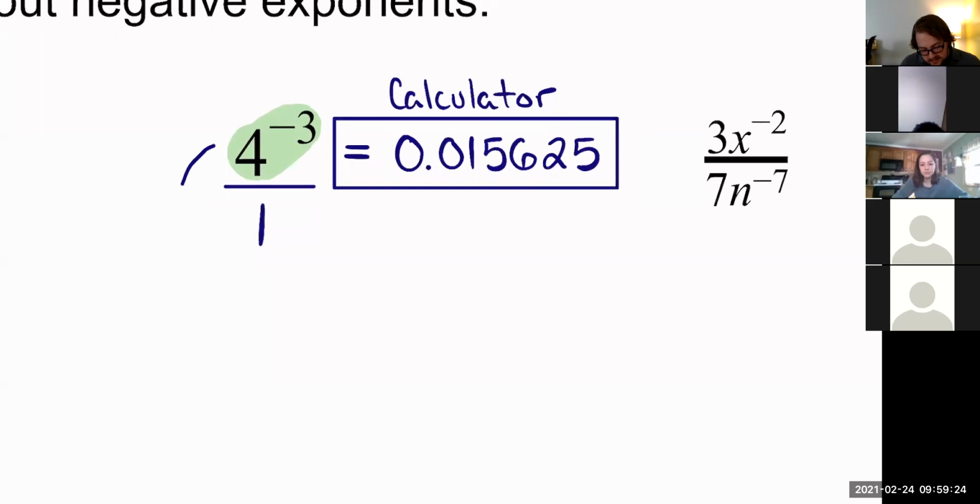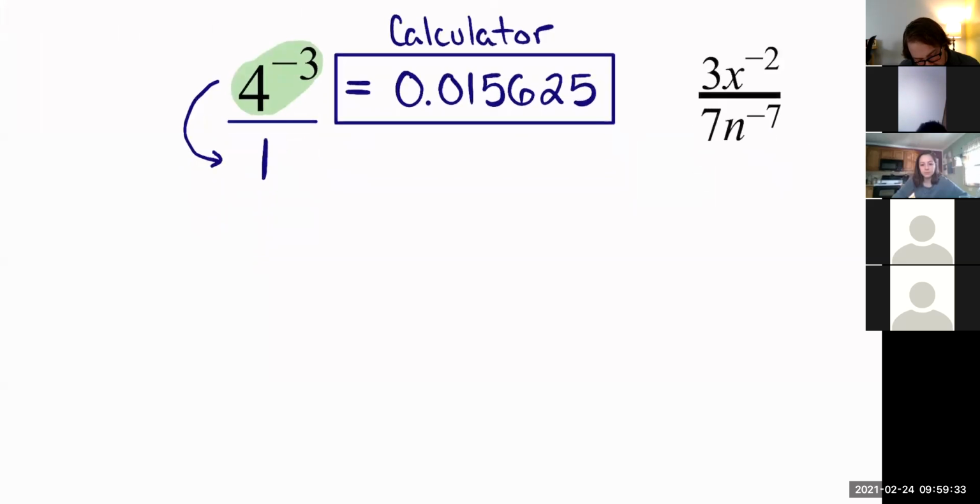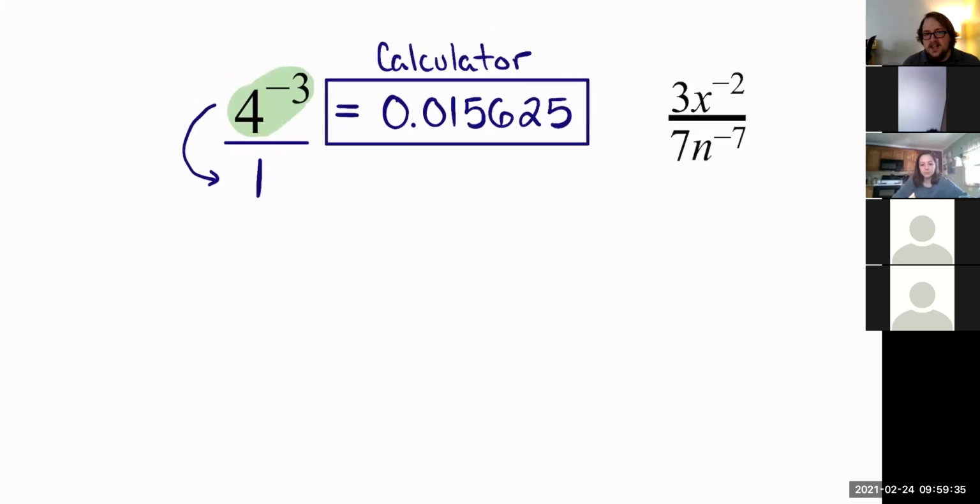I take this base and I move it to the bottom. So technically I'm not flipping it, though it looks like I'm about to, because all of a sudden we need to have something left on top, but guess what's been hiding there all along? What's always hiding? 1s.